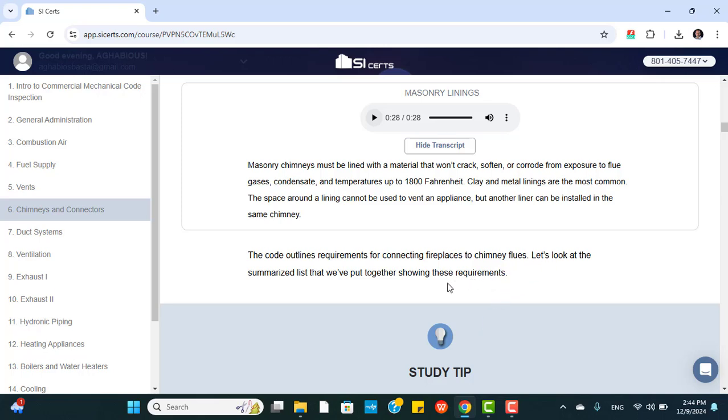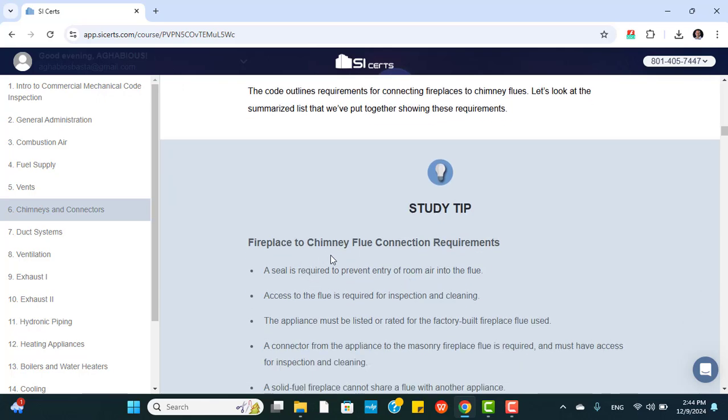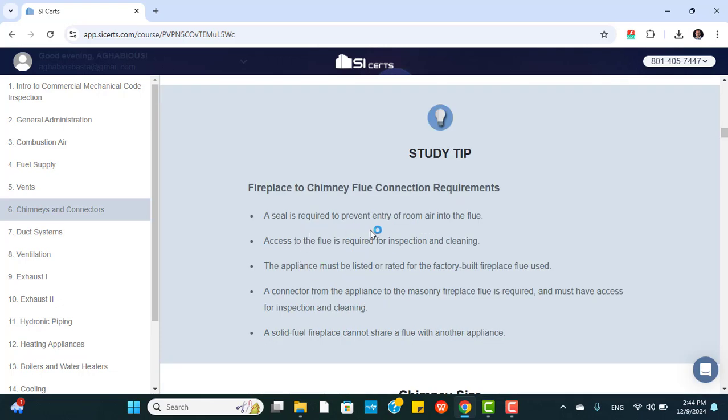Let's look at the summarized list that we have put together showing these requirements. Study tip: fireplace to chimney flue connection requirements. A seal is required to prevent entry of room air into the flue. Access to the flue is required for inspection and cleaning.